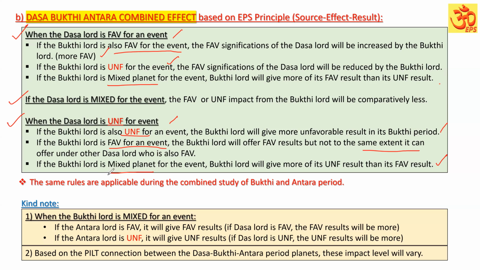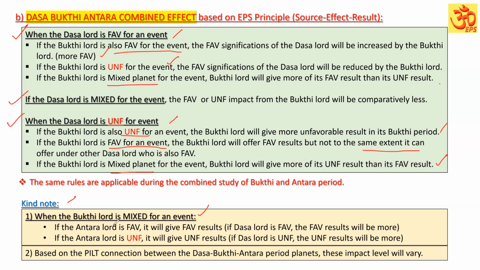If Bugdi is unfavorable but Antra is favorable, Antra's favorable effect is not going to be that much, it is comparatively lesser since Bugdi is unfavorable. That concept of source effect is what we have to keep in mind.